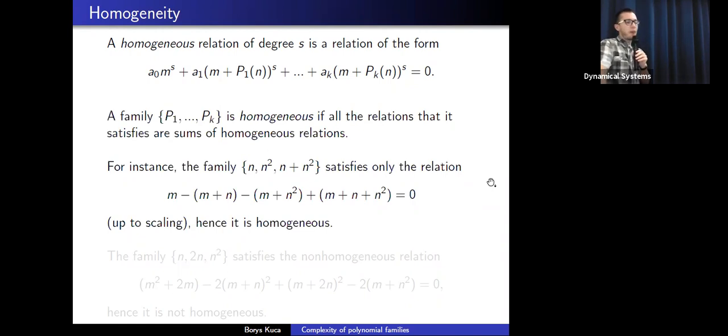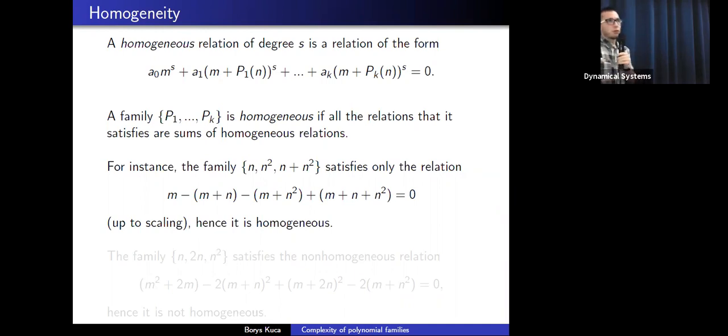And a family of polynomials will be called homogeneous if all the relations that it satisfies can be written down as sums of homogeneous relations. So for instance, the family n squared, n plus 2n squared satisfies only one relation up to scaling. This relation is linear, and all linear relations are homogeneous by definition. That's why this family is homogeneous, okay?